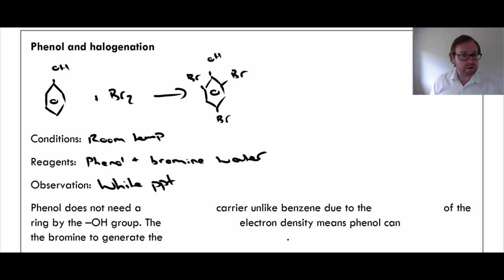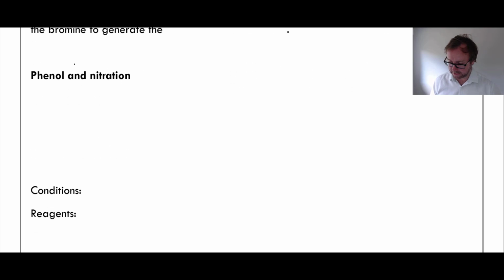Okay, so very quickly, I'd just like you to name this product. Okay, and I'm sure you've all been able to name this as 2,4,6-tribromophenol. Okay, so moving on, this is our halogenation reaction. We will now move on to phenol and nitration. Right, so we take our phenol.